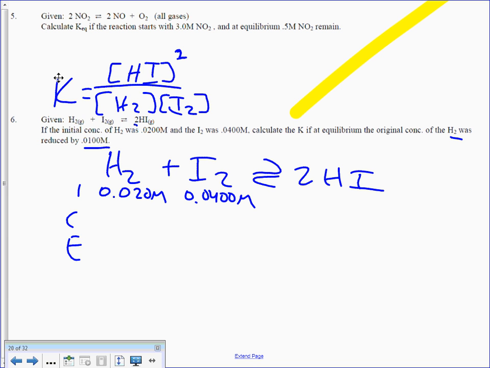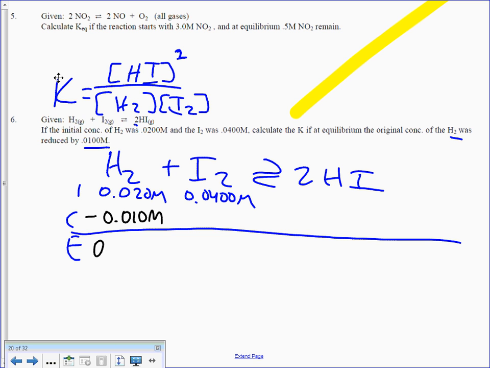If it says that's reduced by 0.01, what is that telling you within the whole ice box? Change. Just H2, right? And so if that's the change of H2, you can figure out the change of everything else based off the stoichiometry represented in the BCE. So you're going to subtract 0.010 molar here. What's 0.02 minus 0.01? 0.01.